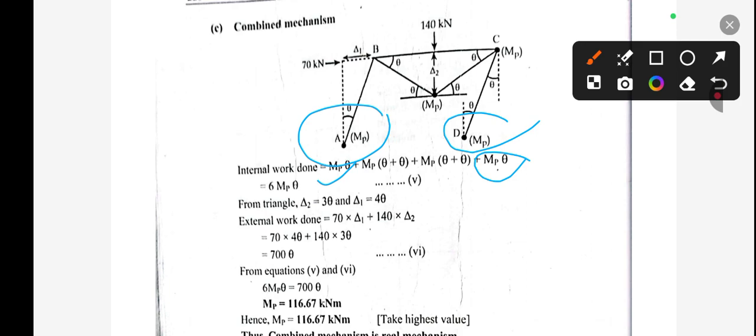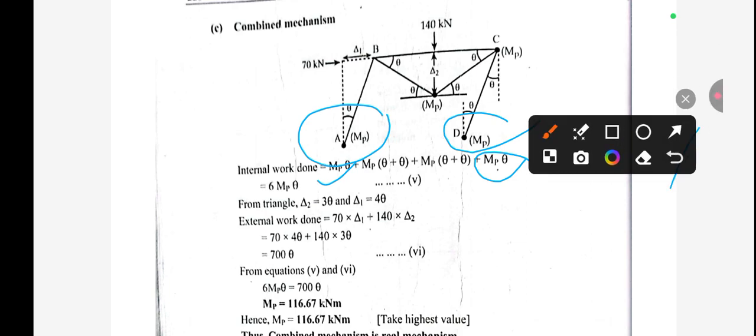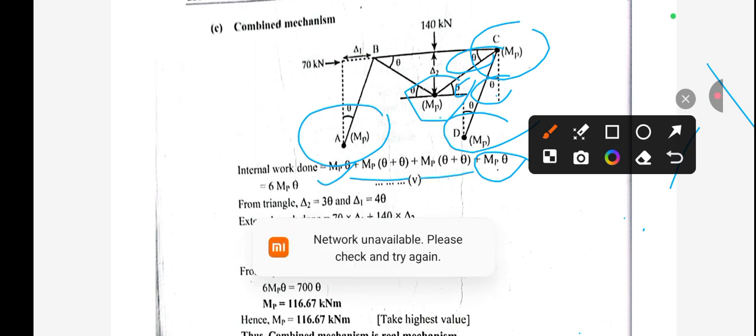Now the remaining two different points: for the middle span, that is point C, this will be MP into theta plus theta, because we have two different theta. And here also MP into theta plus theta.